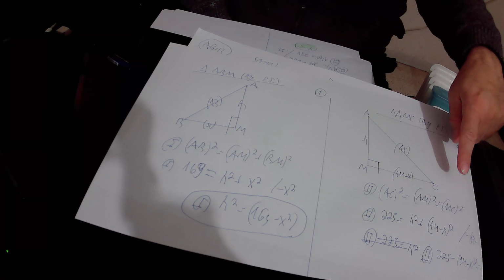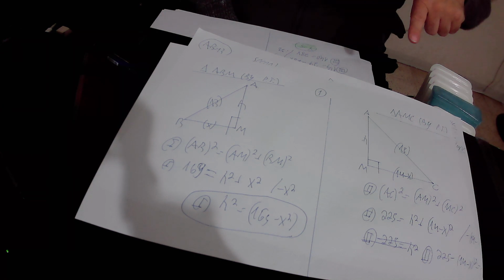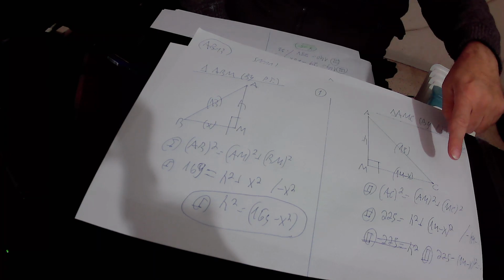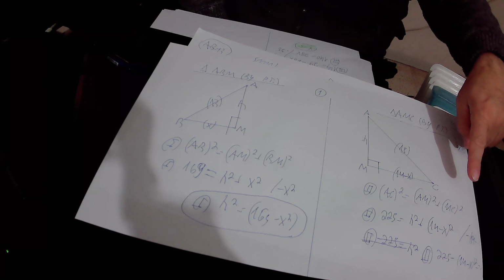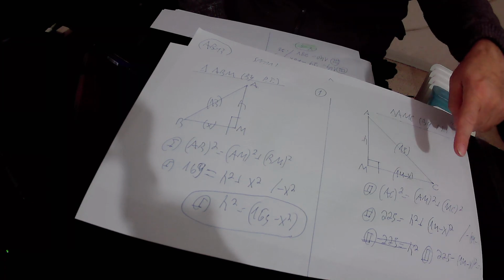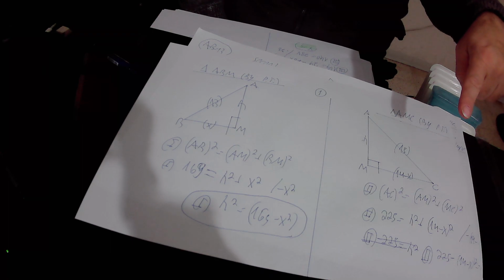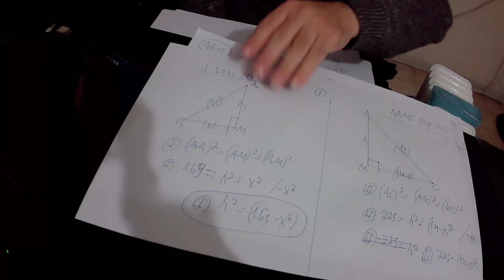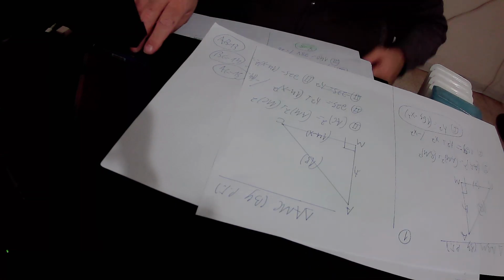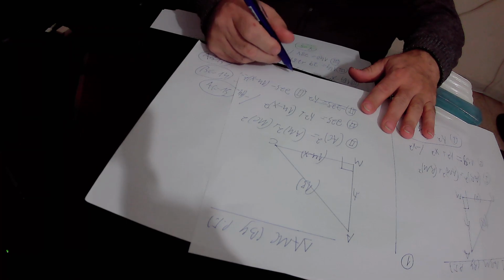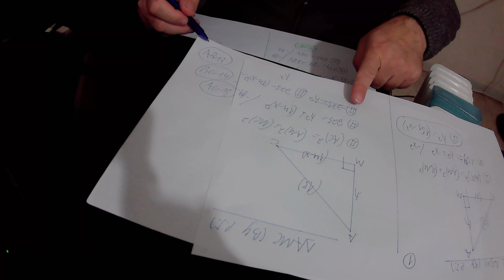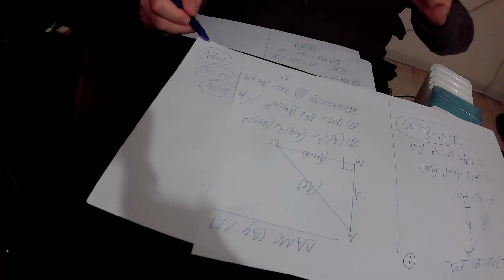Here we subtracted 14 minus X, squared from this equation, and finally found that according to equation number 2, 8 squared equals 225 minus 14 minus X, squared.